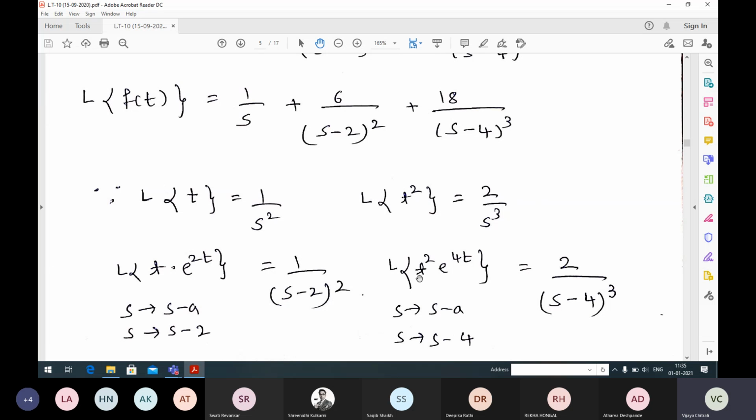Only for this I am explaining: f of t will be t square, so the Laplace transform of f of t, or t square, is equal to 2 divided by s cube. This f of t is multiplied by e raised to 4t, so change s to s minus a, where a is 4, s to s minus 4. So 2 divided by s minus 4 raised to 3. So we have used these two results in this.